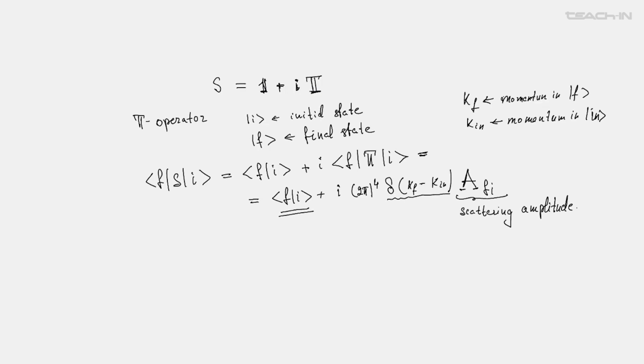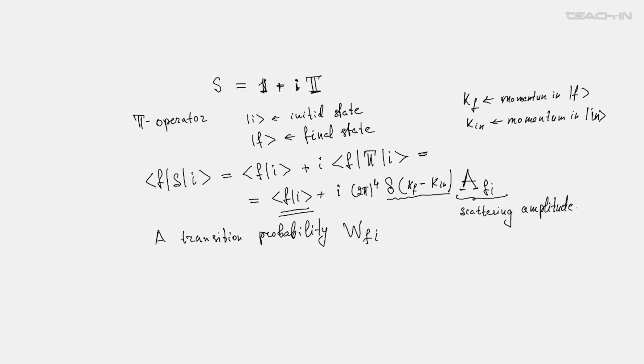Next, one defines a quantity which is called a transition probability, denoted by W_FI, transition probability between states I and F, which is essentially due to non-trivial interactions, and it is defined in the following way.